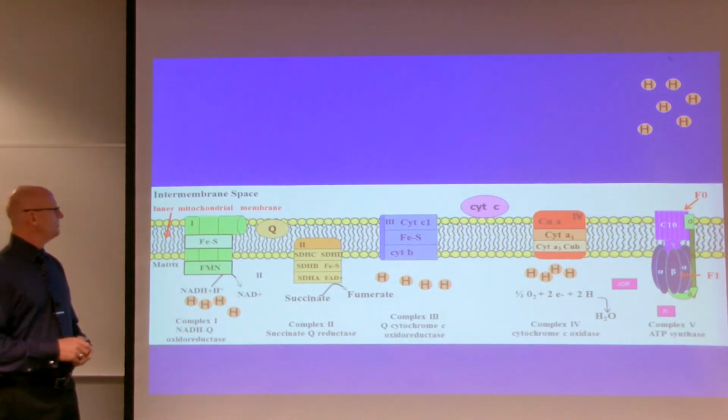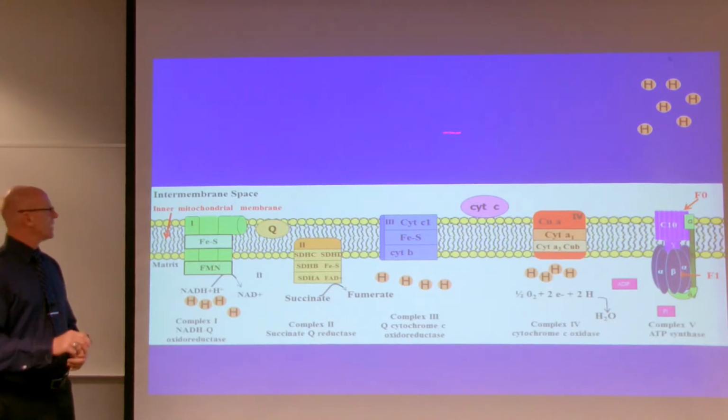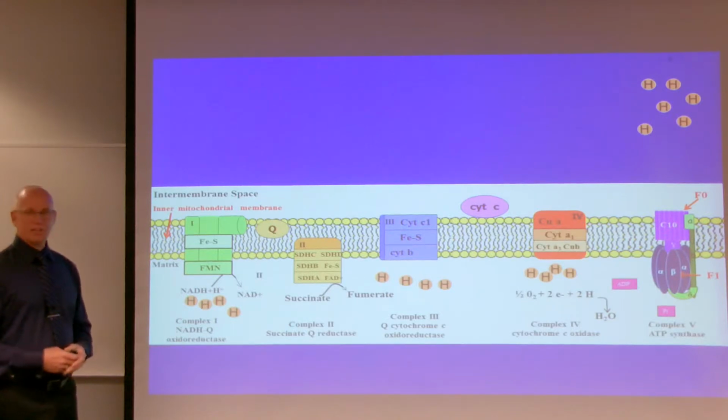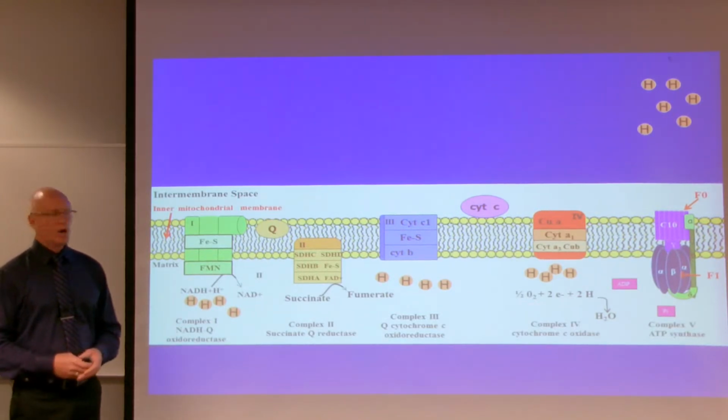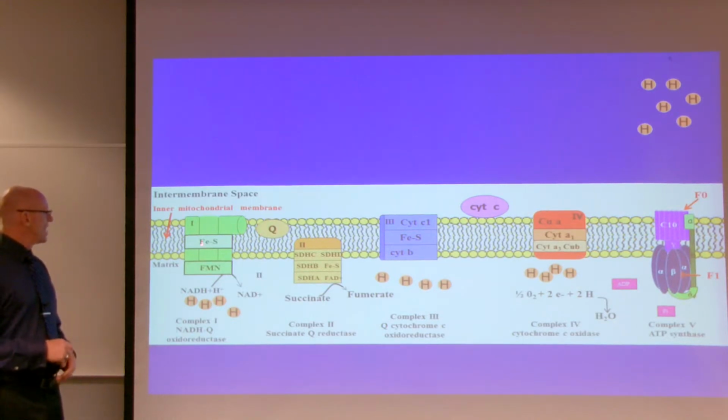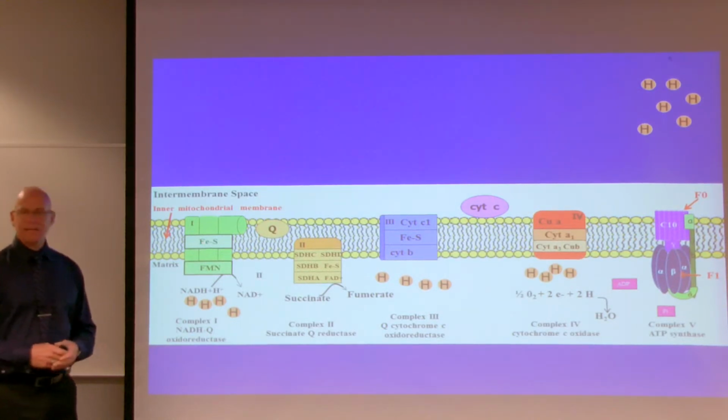Now, let me identify this structure. This is the intermembrane space, the inner mitochondrial membrane, where these protein complexes are embedded, and this is the matrix of the mitochondria. So this is complex 1. It's called NADH Q oxidoreductase. It's also referred to as NADH dehydrogenase.